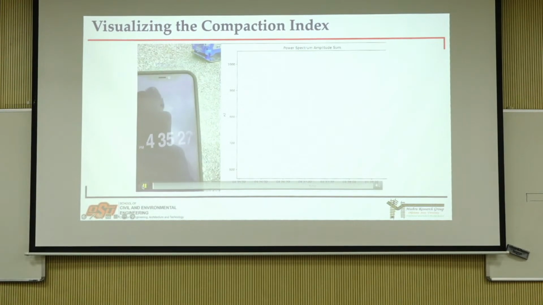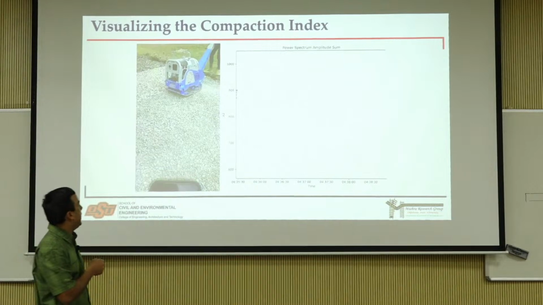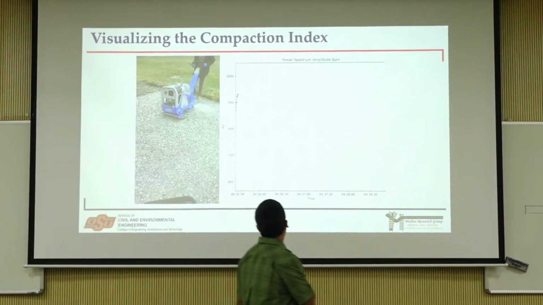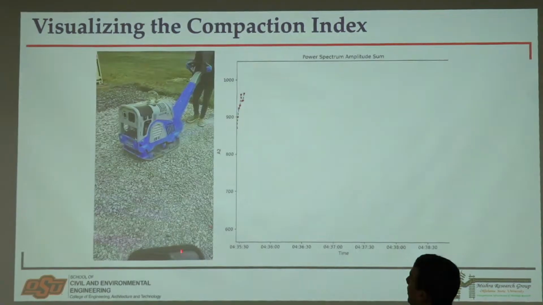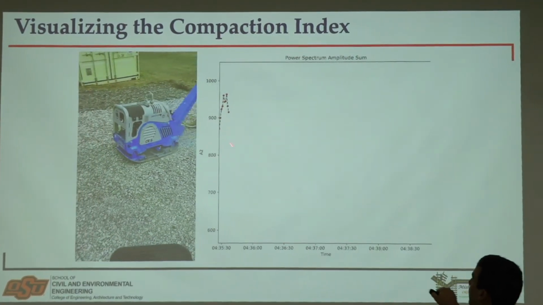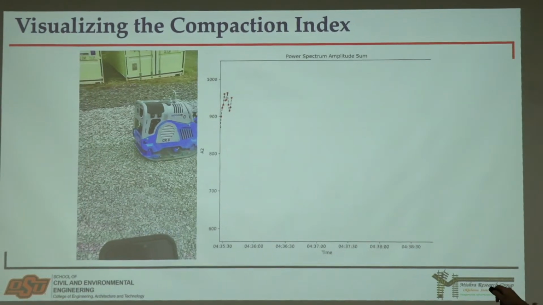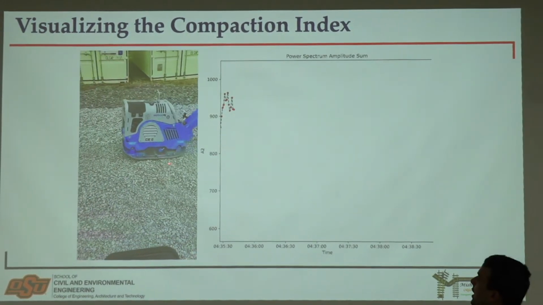This is him and another student. There is a sensor mounted on here, okay, and he's trying to track something called an A2. That's not important, a compaction index.